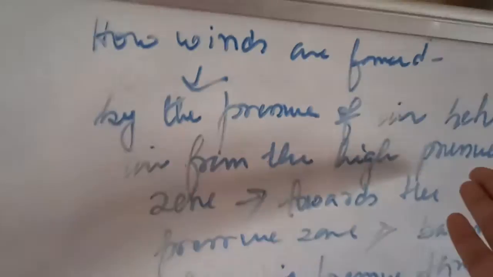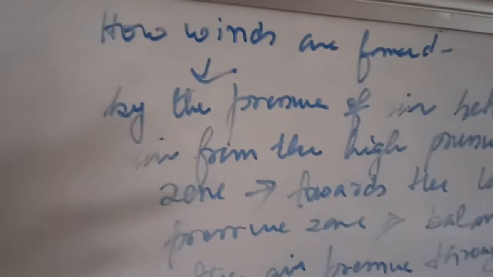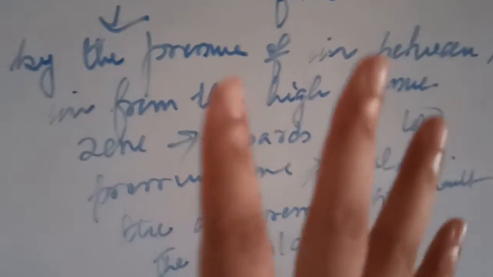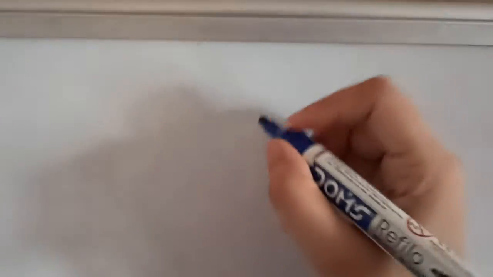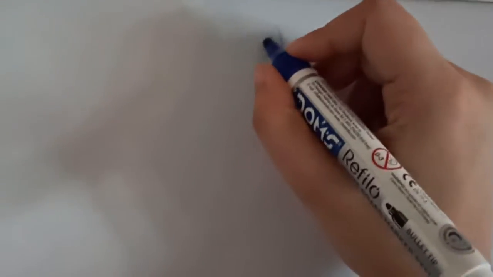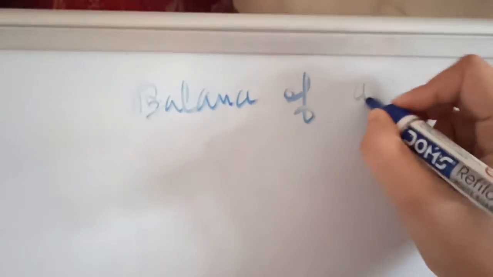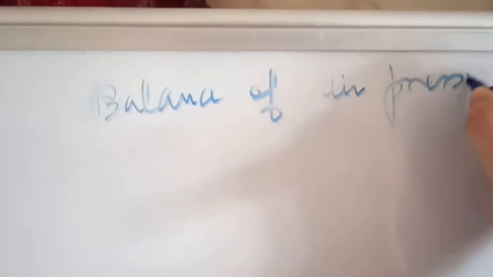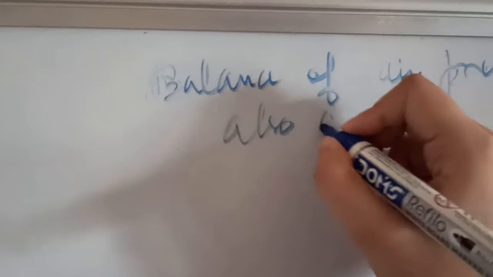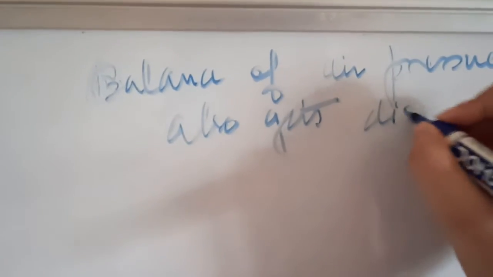From the high pressure zones, the wind starts to blow towards the low pressure zone, and in this way it maintains the global pressure belt balance on the earth's surface. But there are some situations when the balance of air pressure also gets disturbed.